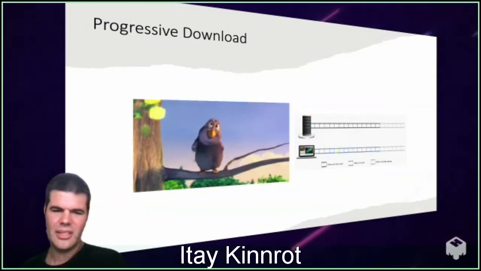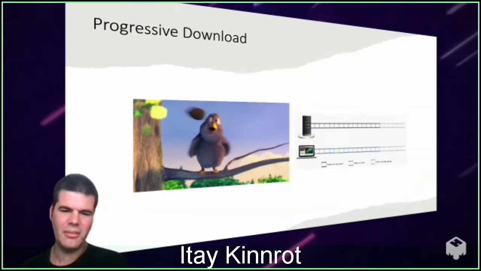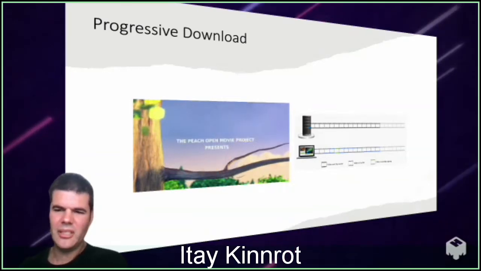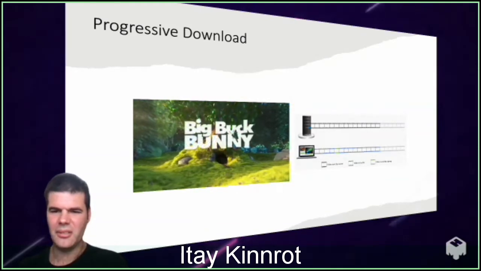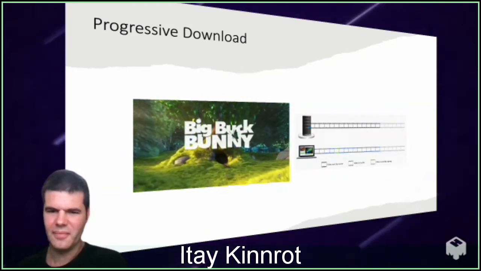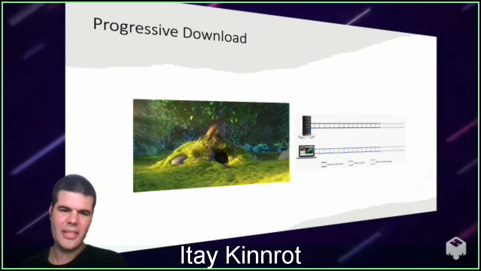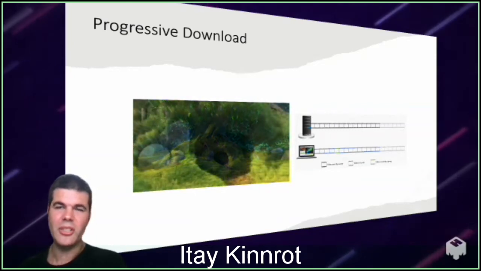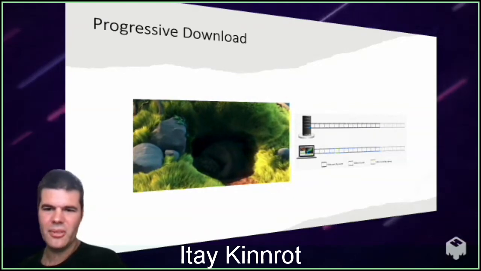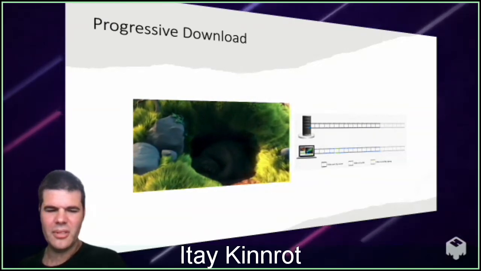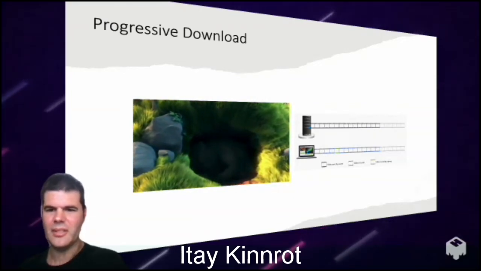So with the first download, the player already knows where it needs to go in the file to get, for example, second 20 or minute 40. And the player actually starts downloading chunk by chunk, plays, and continues to buffer forward to make sure you will get a nice experience.